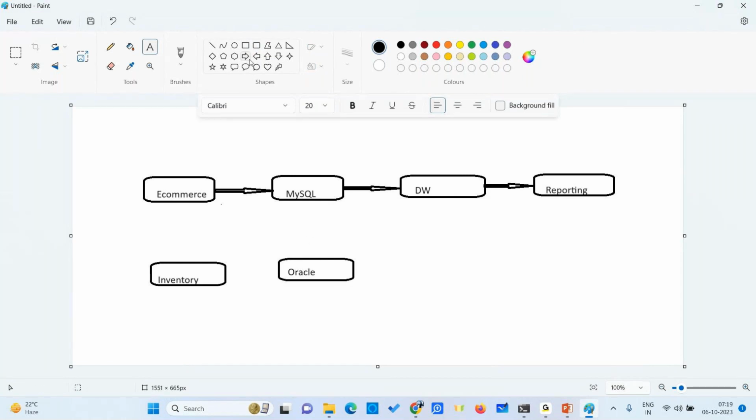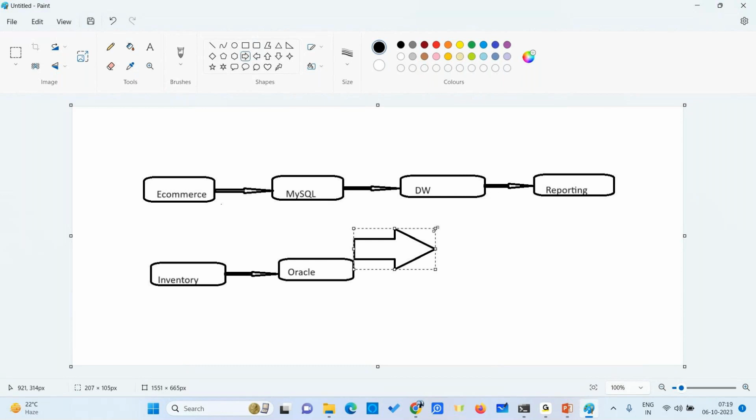All their inventory data is stored in this database. And this data is also stored in this data warehouse.